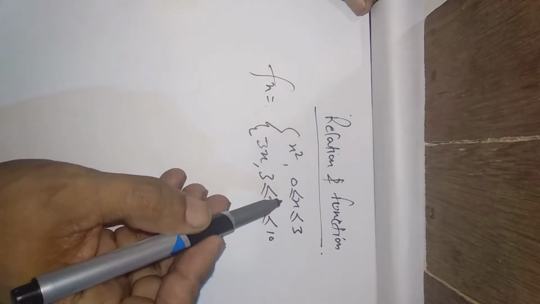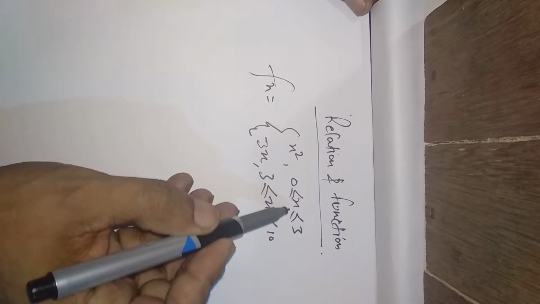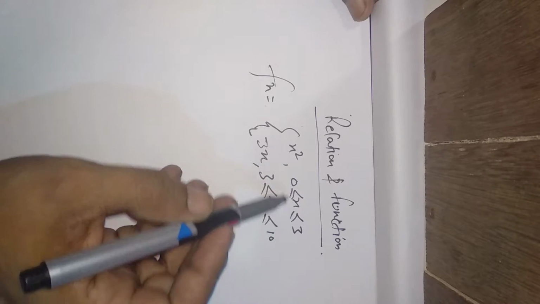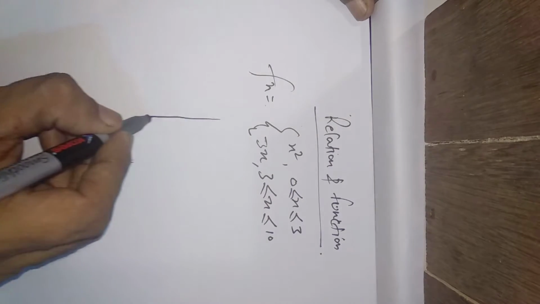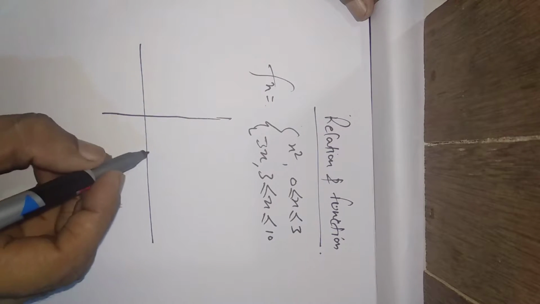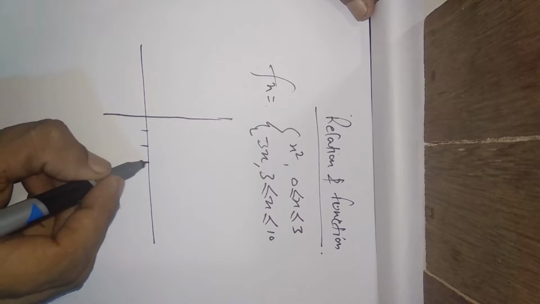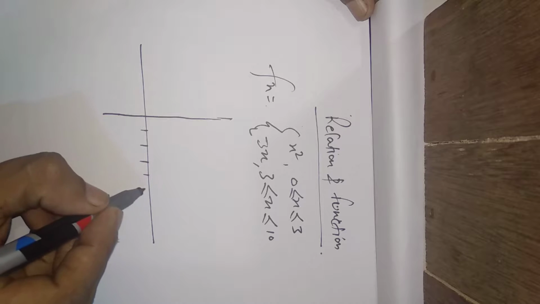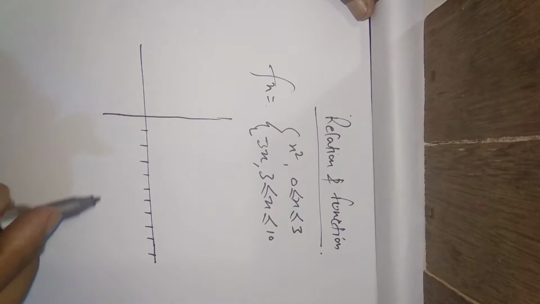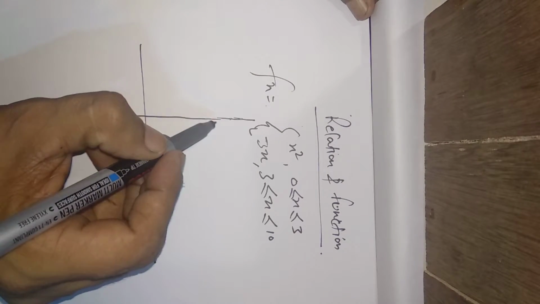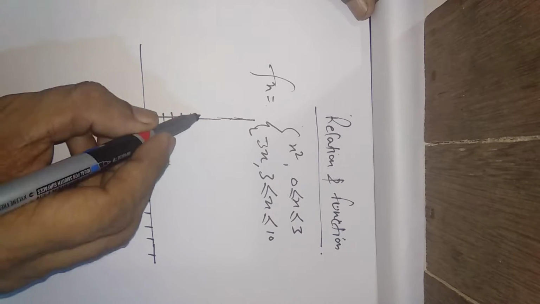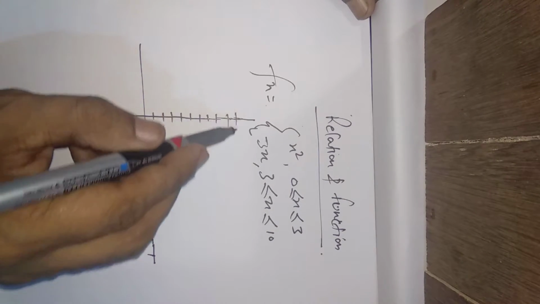Let's see, if we take x below 0, let's say I have a graph, and this graph is, let's say, 1, 2 and 3 and so on, 4, 5, 6, 7, 8, 9 and 10. And this is 1, 2, 3, 4, 5, 6, 7, 8, 9, 10 and so on.